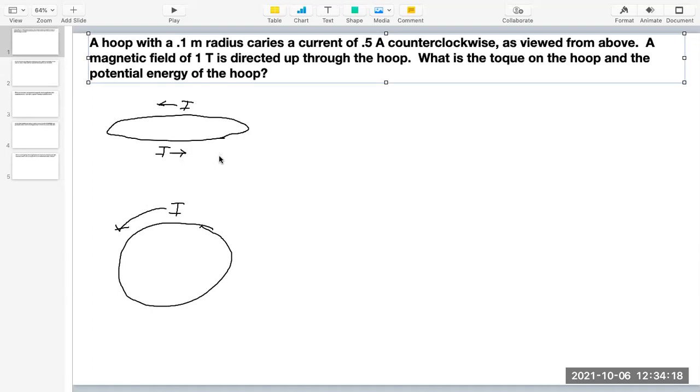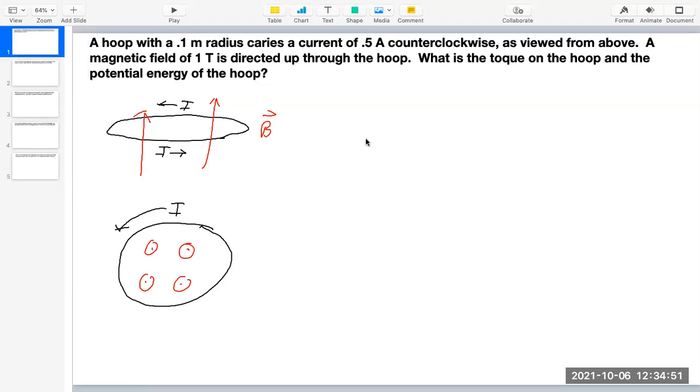Or slightly from the side, it looks like this, just slightly above. And the magnetic field is going up through the hoop. So what will its torque and potential energy be? See if you can work through it, figure it out.